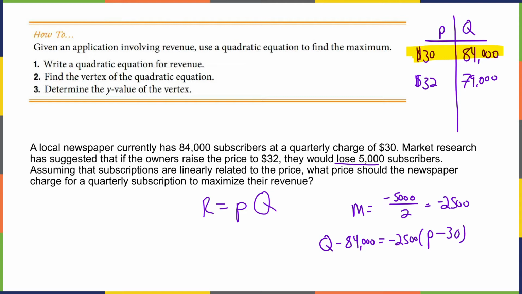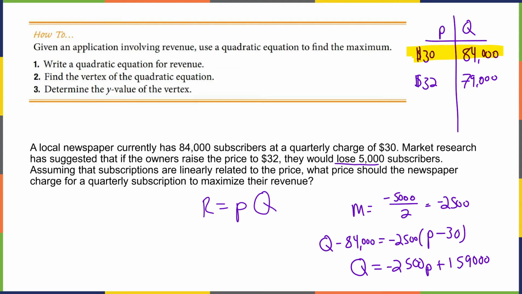Go ahead and give that a try really quickly and see if you can get Q equals in slope-intercept form. Hopefully you got Q equals negative 2,500 P plus 159,000. This is the relationship between price and quantity.